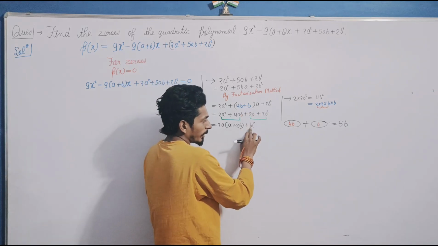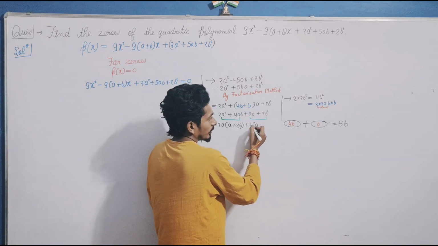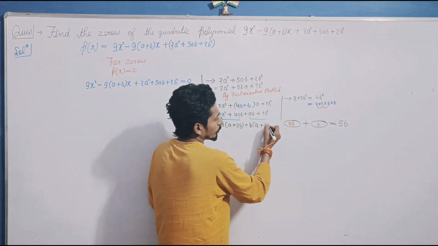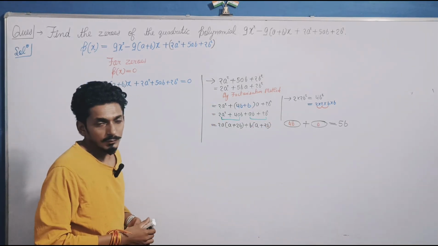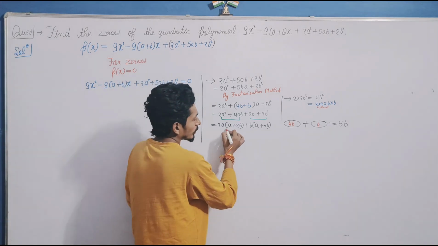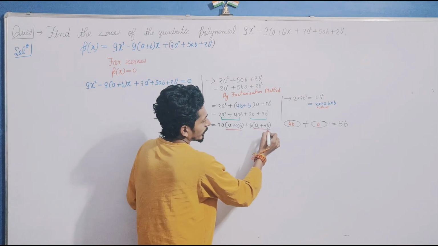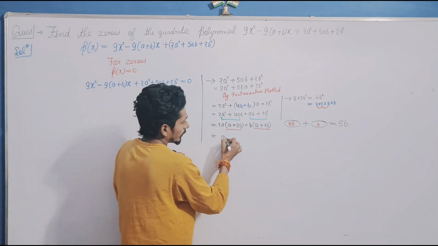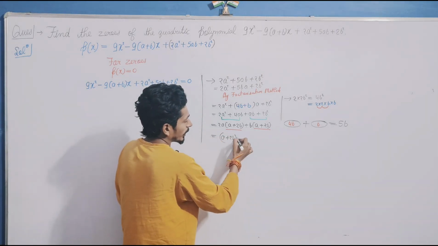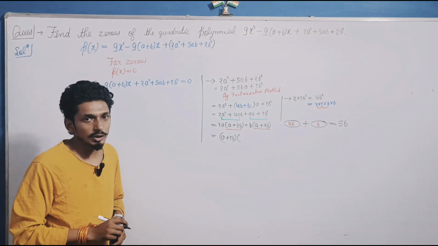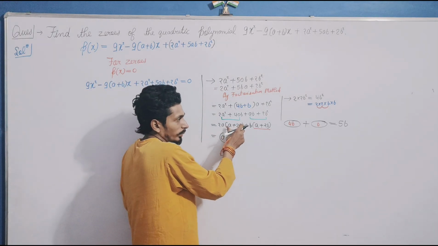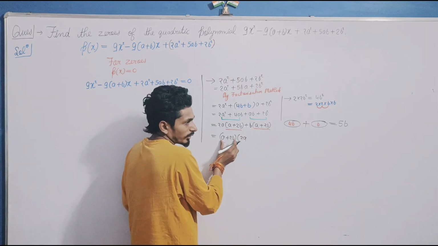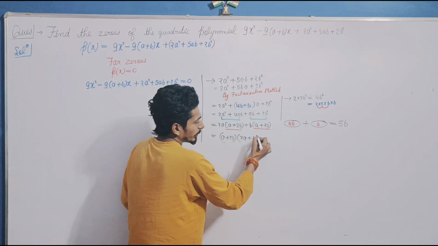It means ab is divided by b, we get a, plus 2b square is divided by b, we get 2b. Yes or no? Here we take common a plus 2b in both terms, then (a plus 2b). Yes, that quantity which we take common is divided from each term. So here a plus 2b is cancelled by this, so we get 2a. A plus 2b is cancelled by this, it means we get plus b.